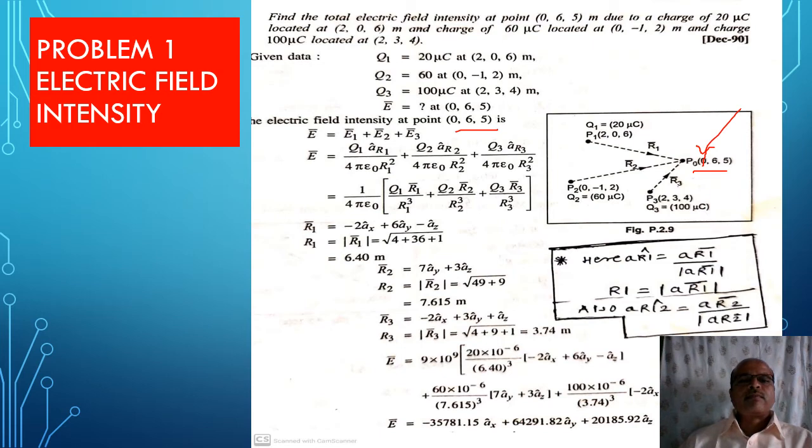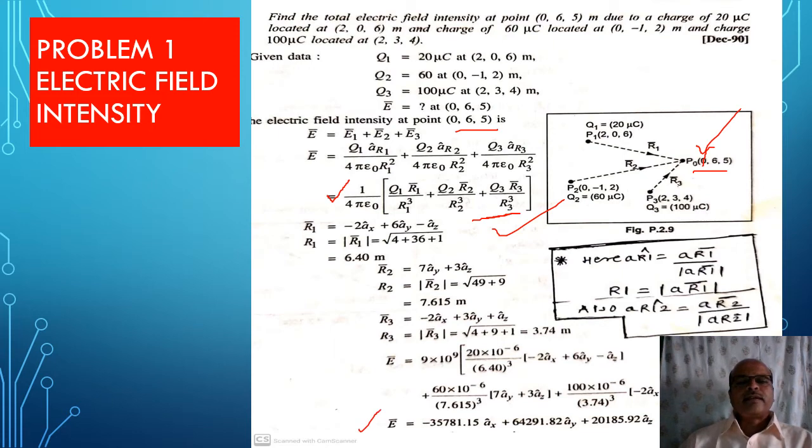Here 1 upon 4 pi epsilon 0 is a common term, so we take it common, and in the bracket, as in the derivation, we have the formula for n point charges: Q1 R1 bar upon R1 cube plus Q2 R2 bar upon R2 cube plus Q3 R3 bar upon R3 cube. If we calculate all these values and fill them in, we will get the electric field intensity.